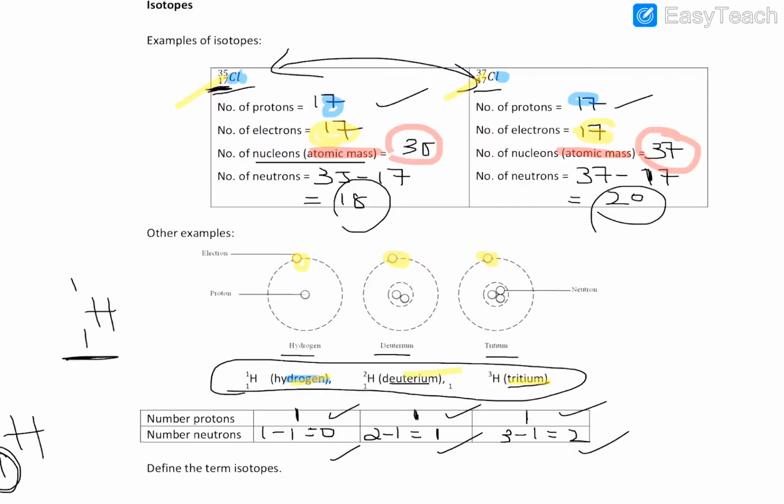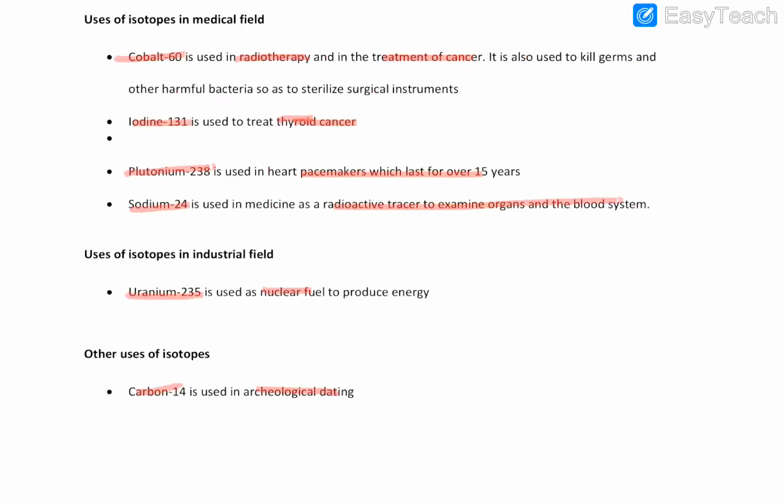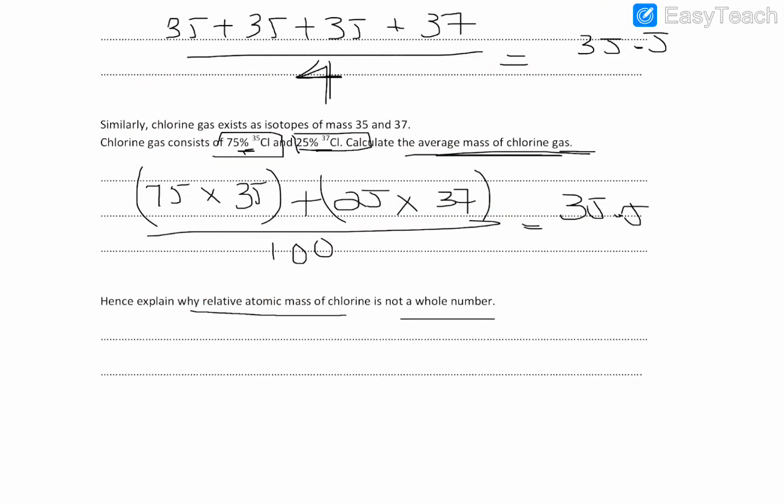Because that 35.5 comes from an average value.